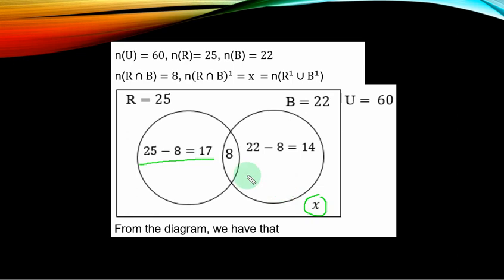To get S, you have to add everything in the Venn diagram and equate it to 60. That is 17 plus 8 plus 14 plus S equals 60. And that will give us the number of those that ate neither of the foods.